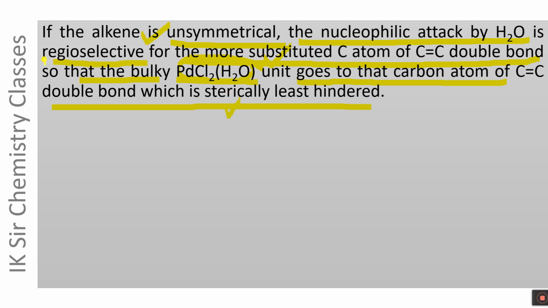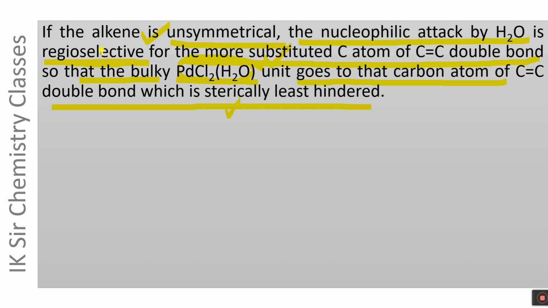Here a term regioselective has been used. The chemical reaction in which one of the various possible structural isomers of the product is obtained exclusively or predominantly is called a regioselective reaction.